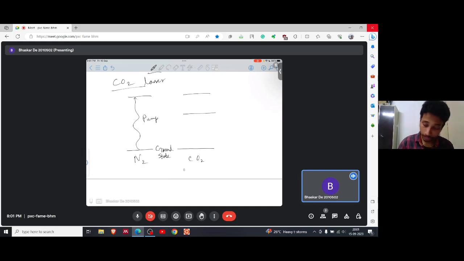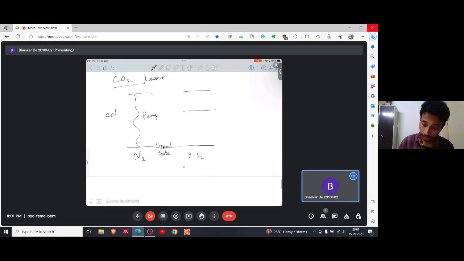This is the pump. The pumping is done by electron collision in the nitrogen atom, so that will pump the excited state of nitrogen. Then there will be a transfer. This transfer is also a collisional transfer.